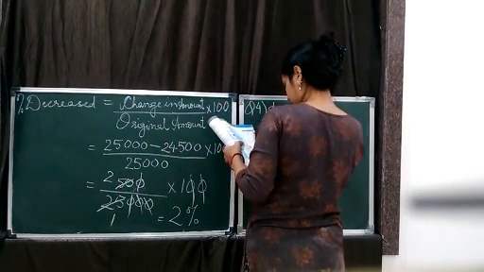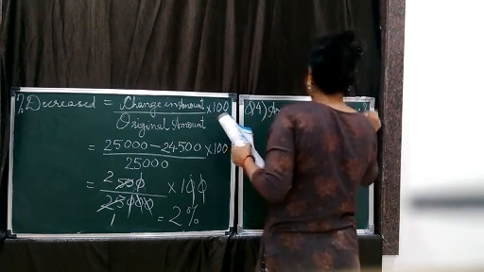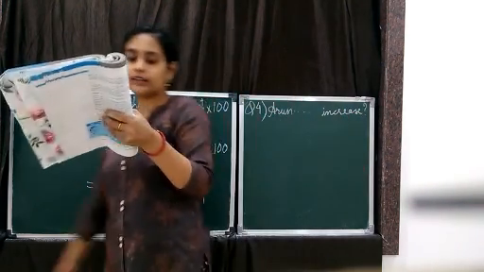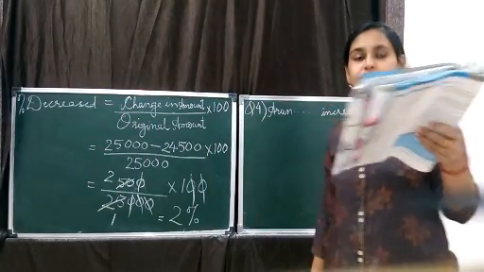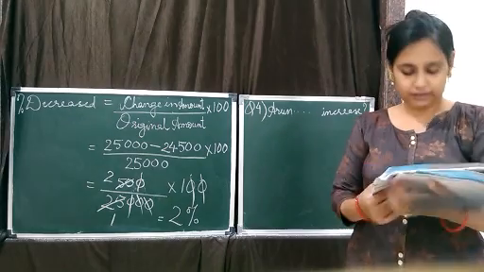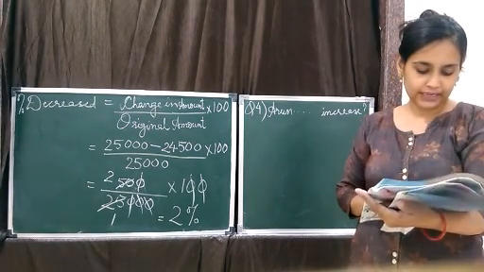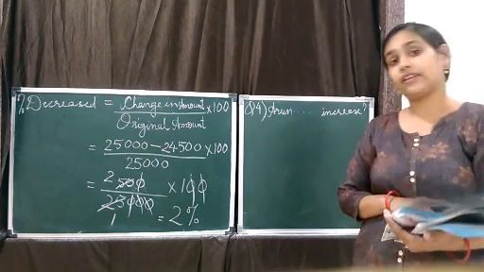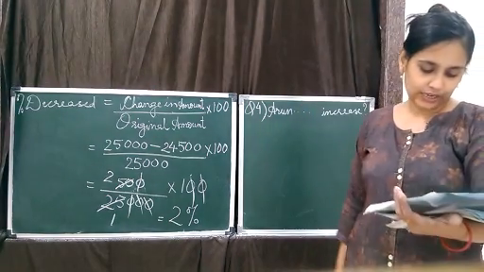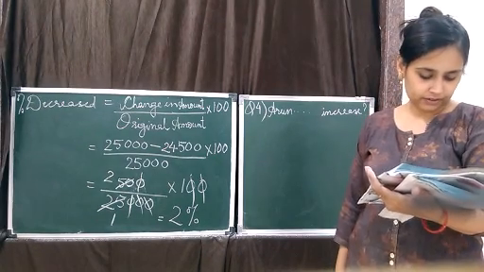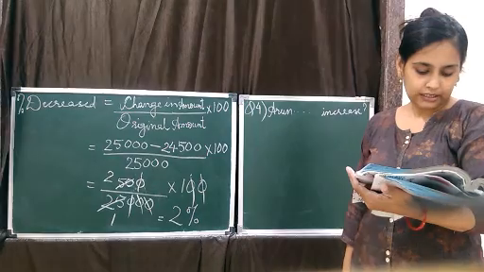Let me write. Arun bought a car. So Arun bought one car for rupees 3,50,000. Next year, the price went up to 3,70,000.